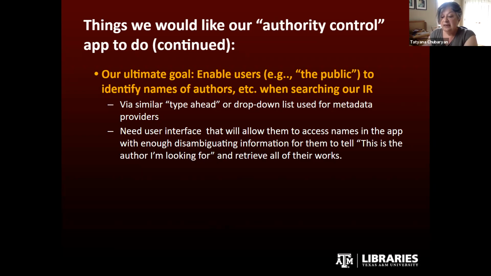To this end, names in the app would need to be accessible to authors who self-submit their works into OAKTrust and to people who do not utilize the user interface when supplying metadata for the IR. I mean, here the spreadsheets for batch changes, for example.